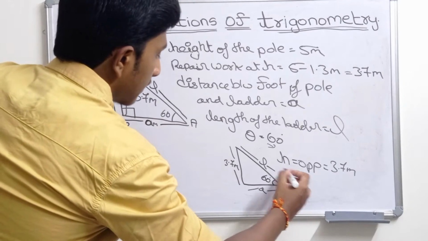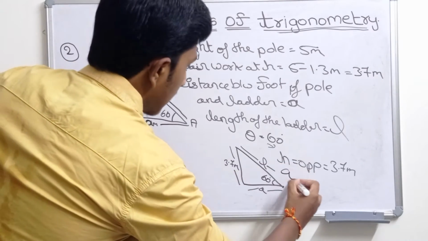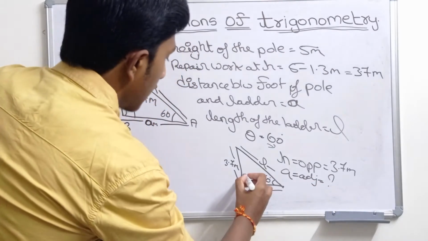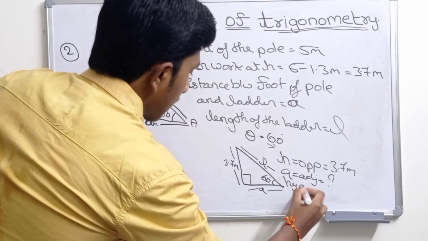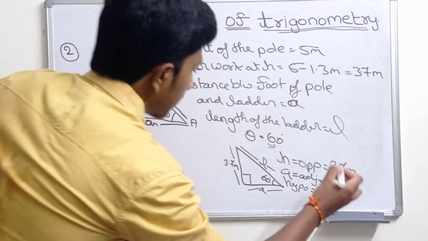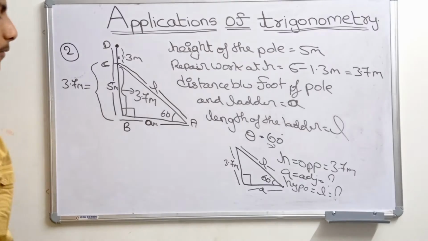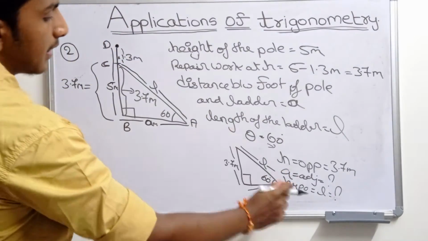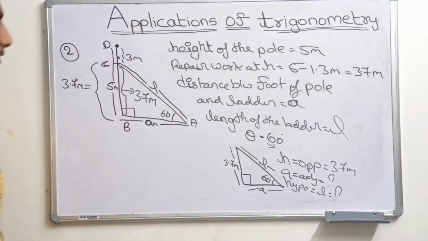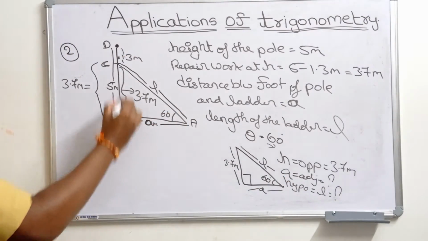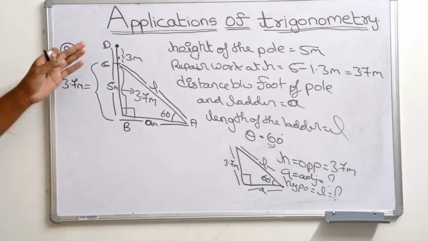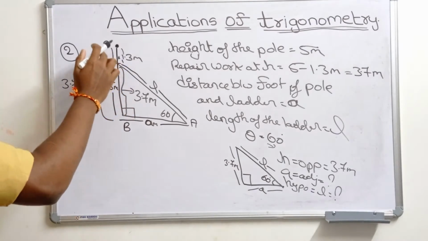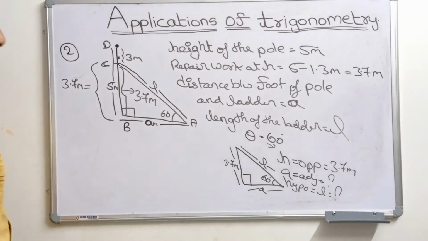Adjacent is A, we have to find this, and hypotenuse is L, we have to find that also. Adjacent means the distance between the foot of the pole and ladder, and L means the length of the ladder, guys. 5 meters is the height of the total pole, and 3.7 meters is the height of the pole at which the repair work is done.